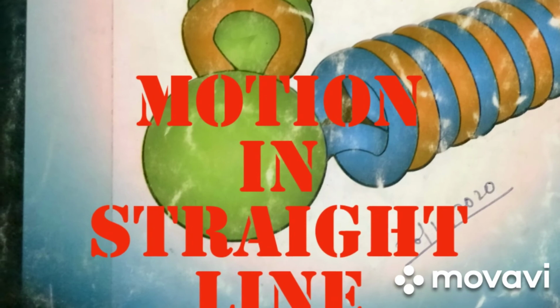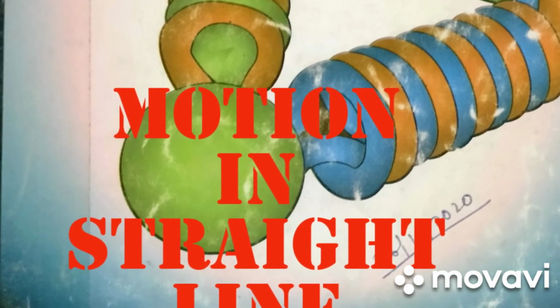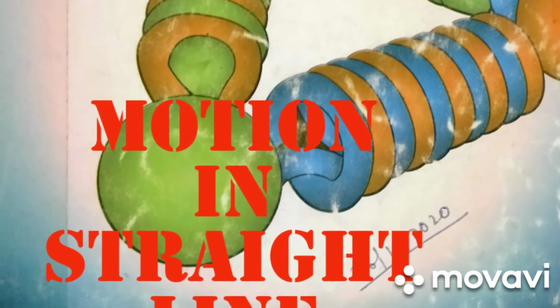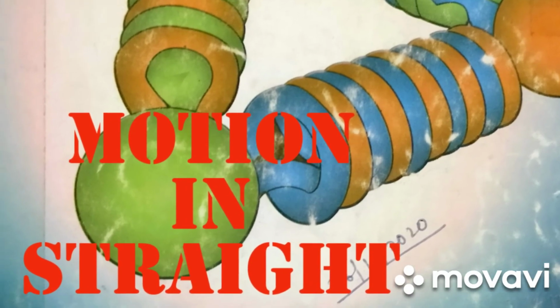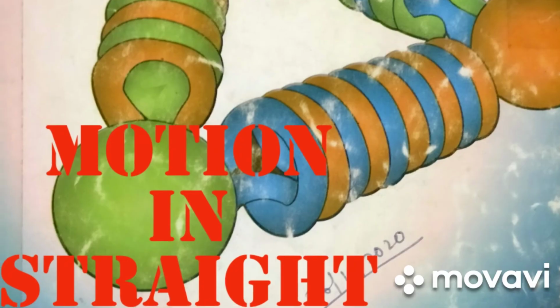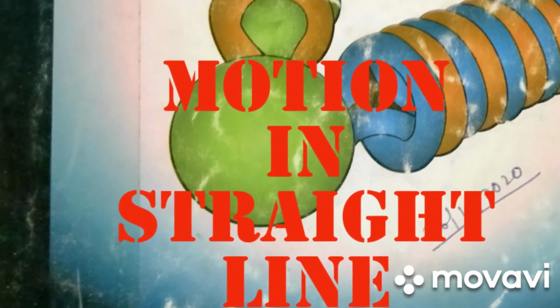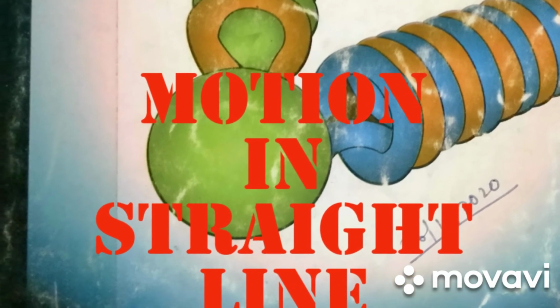If both are in different, opposite directions, then instead of the difference, VB minus VA becomes VB plus VA.